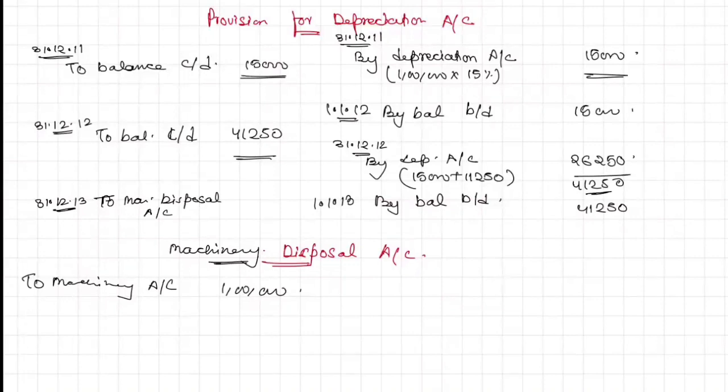This 15,000 plus this 15,000. So 30,000. Correct. Okay. Will be transferred to this. So what it will be written as? By provision for depreciation, with the amount of 30,000.